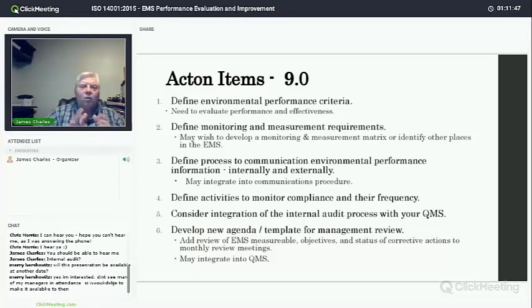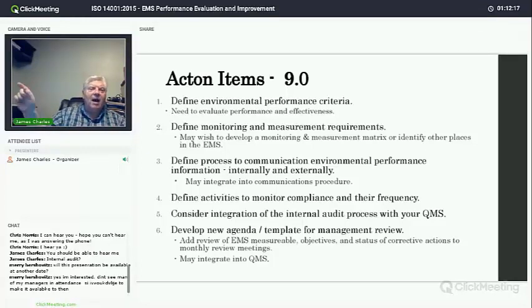Okay, so some action items. Again, we have to have very clear definitions of our performance measures and effectiveness measures. You may wish to develop a monitoring and measurement matrix, which we've highlighted here. And if you want a copy of that, please do send me an email. Define the process to communicate performance information internally and externally, what that's going to be.